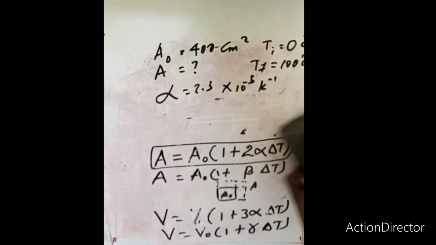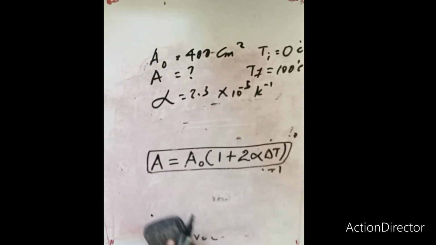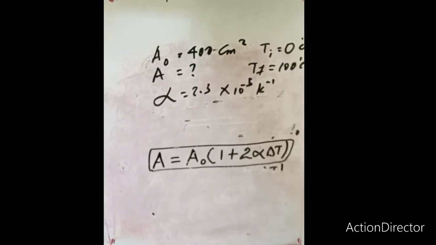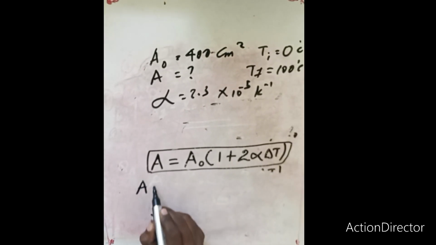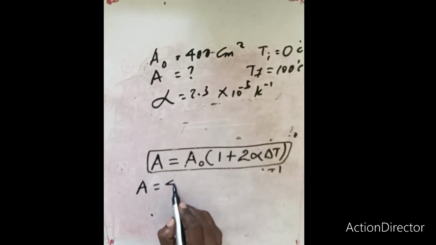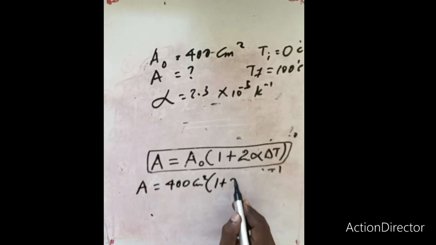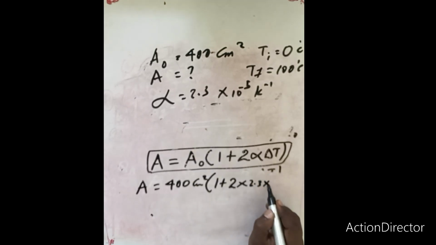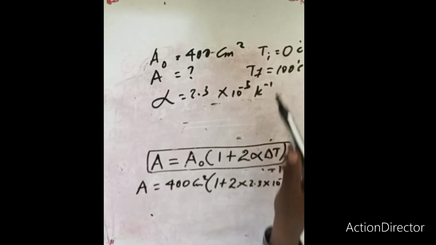Let's apply this formula. The original area is given: A is equal to the original area, 400 centimeter square, times 1 plus 2 multiplied by alpha, 2.3 times 10 raised to minus 5 per Kelvin, multiplied by the change in temperature.